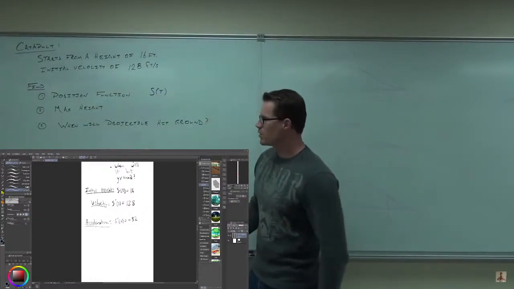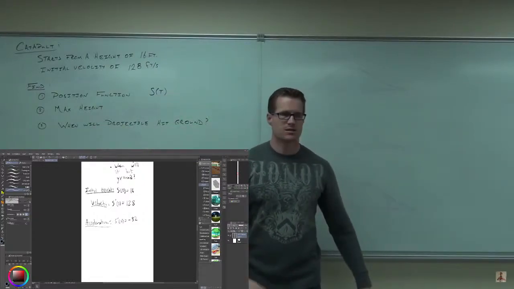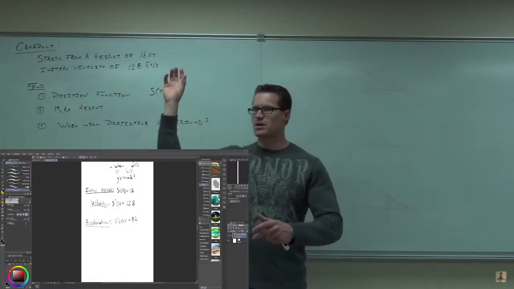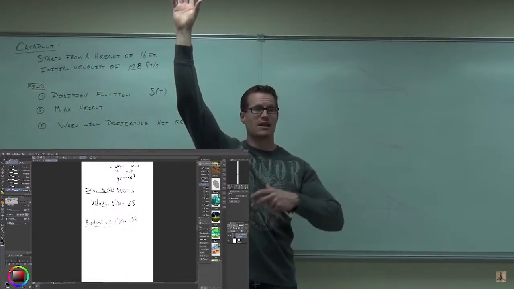So what do we know initially with our problem? Well, we know that it's starting out at 16 feet. I said it starts from a height of 16 feet. That's because our catapult arm reaches a height of 16 feet and then lets go.